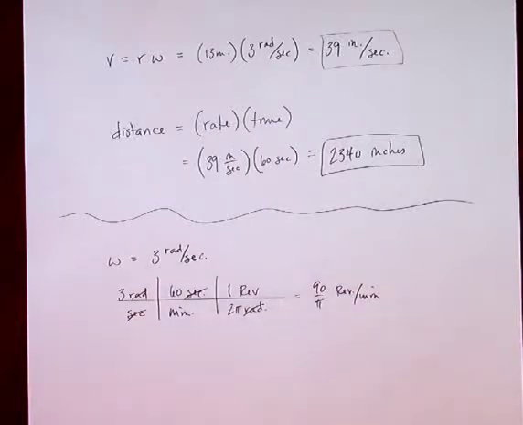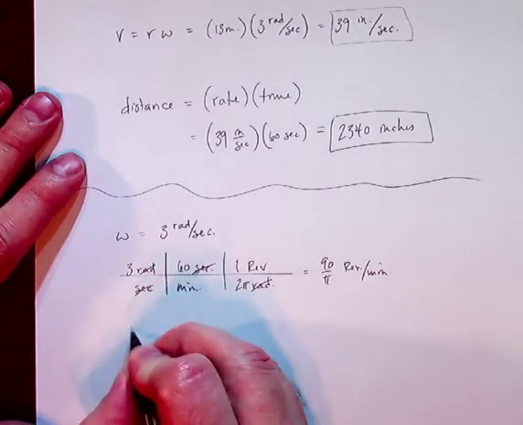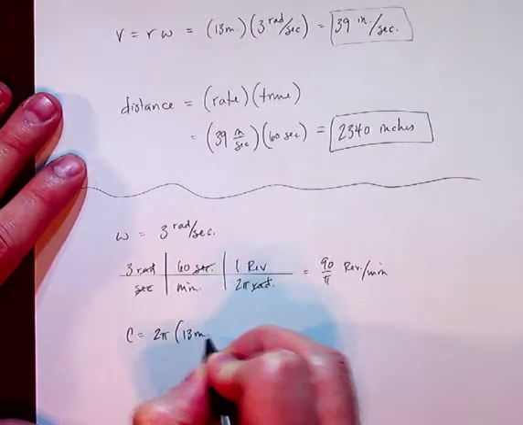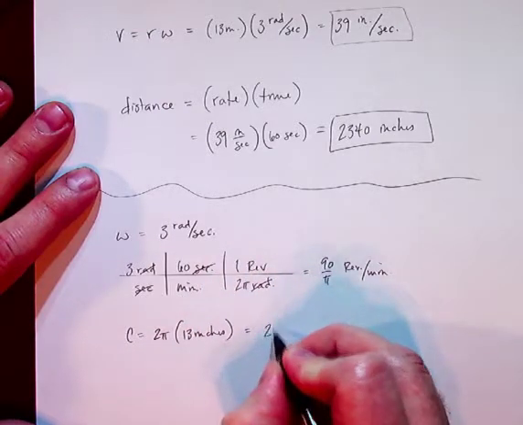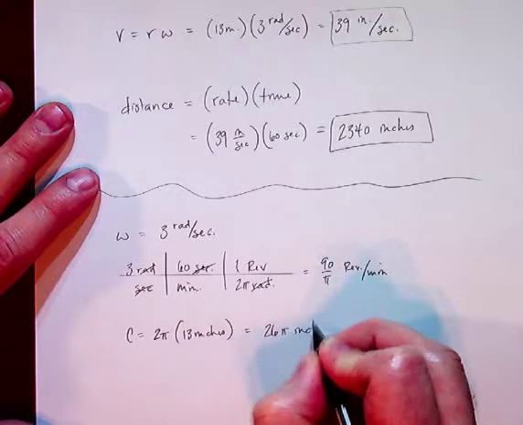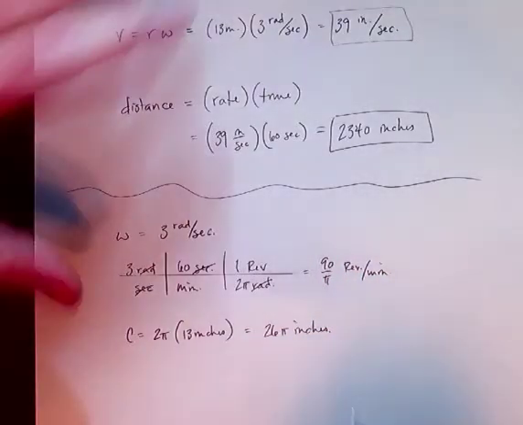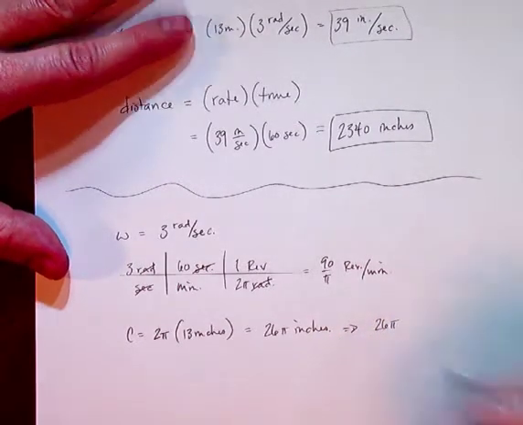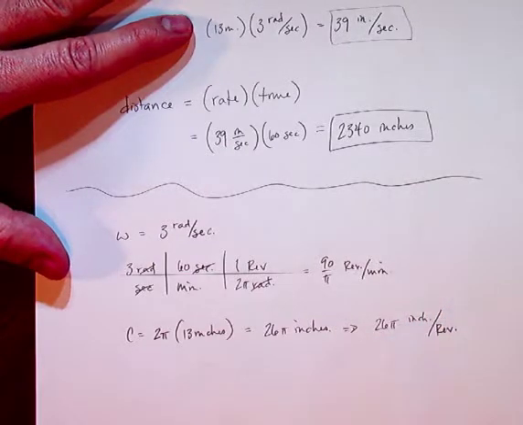But here's the thing. If I have a radius of 13 inches, then I have a circumference of 2 pi r, right? And therefore my circumference is 26 pi inches. Because it's the entire circumference, that is actually the same thing as saying there are 26 pi inches per revolution.